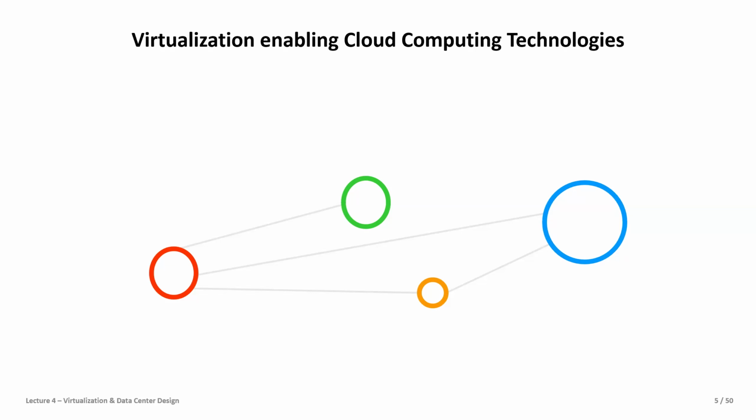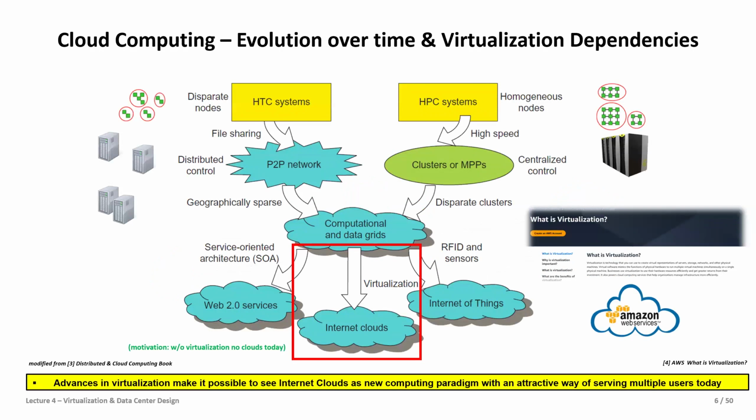So let us start a little bit with virtualization. As the name of the part suggests, it was really enabling the clouds to happen. We had this computation on data grids in the past, fueled by HPC and HTC. And this was really a topic coming up subtly, where the physical properties of an HPC system, is it very well interconnected, or is it maybe loosely coupled like the servers here in HTC?